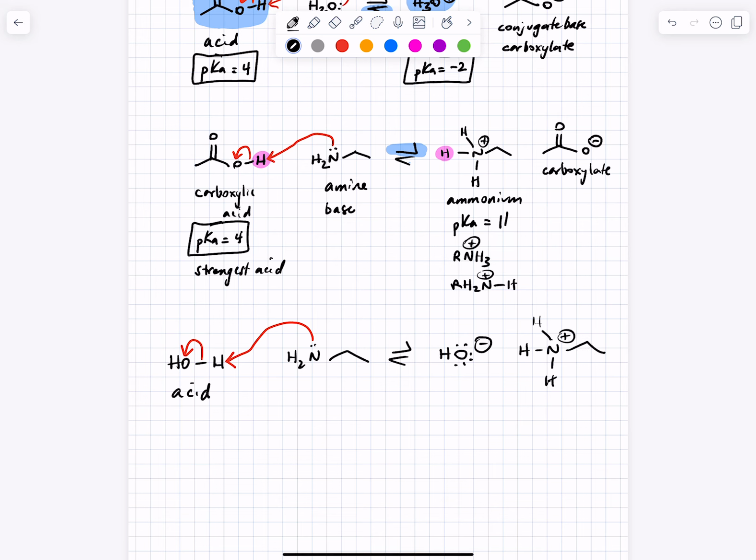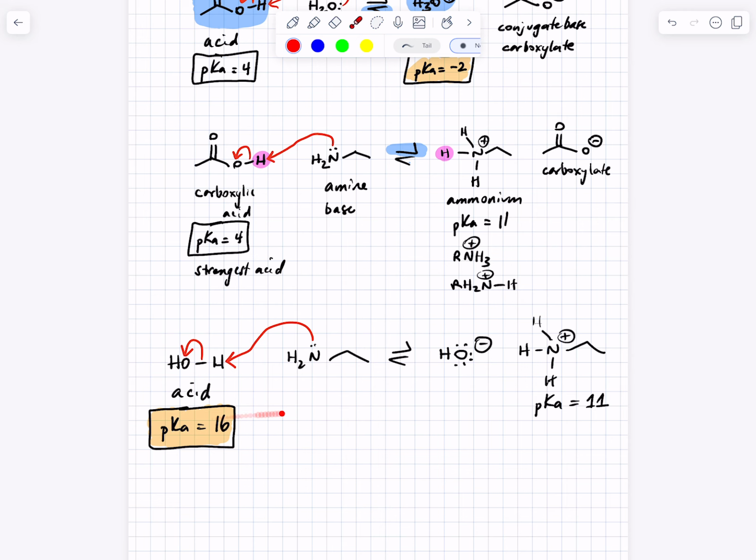And we've already said above that the pKa of the ammonium ion is 11. The pKa of water is 16. And this is another number to memorize. I'll highlight those in yellow. -2 for water, -2 for hydronium, 16 for water.